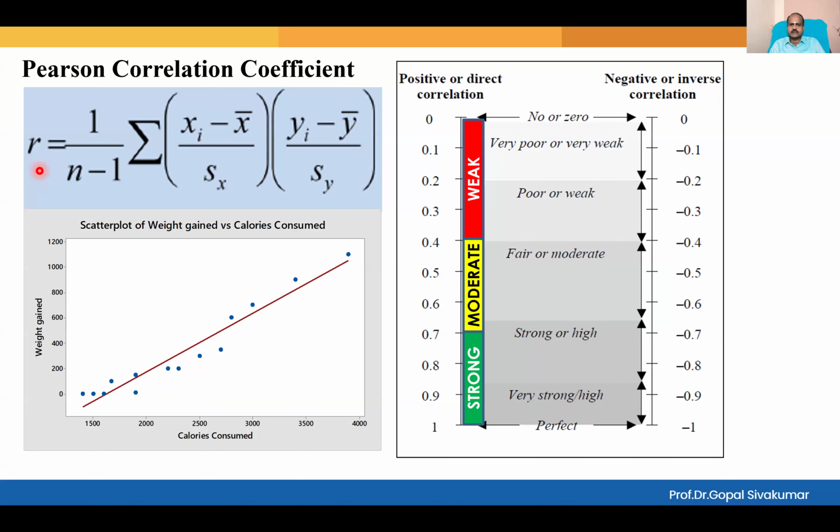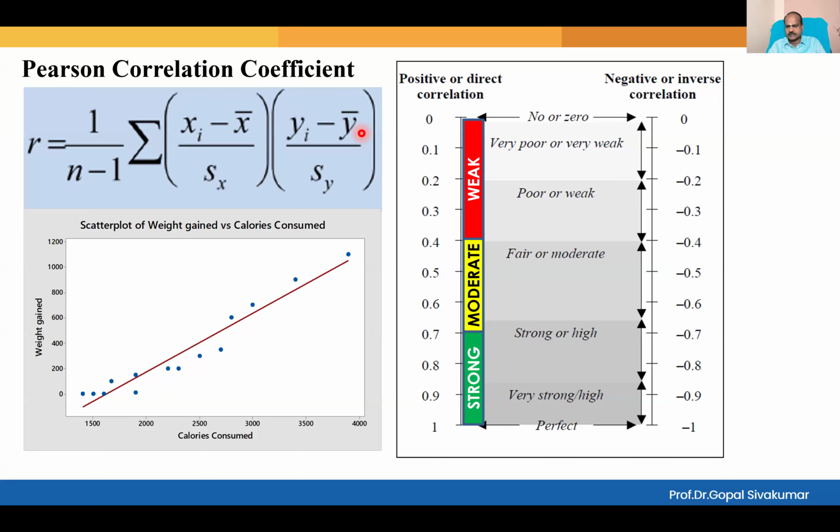The formula is known as the Pearson correlation coefficient, R, where R is equal to 1 by n minus 1 summation of x minus x bar divided by Sx multiplied by y minus y bar by Sy, where n is the number of data points, x bar is the average of x values, y bar is the average of y values, and Sx is the standard deviation of your x variable, Sy is the standard deviation of your y variable. If you can manage to calculate all of these things, then the value of R will be obtained.